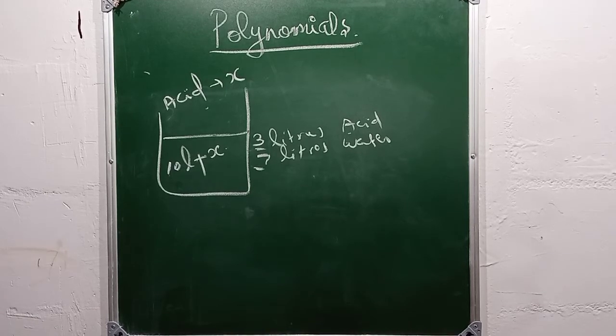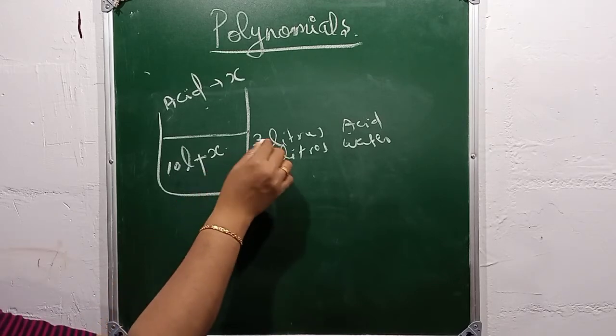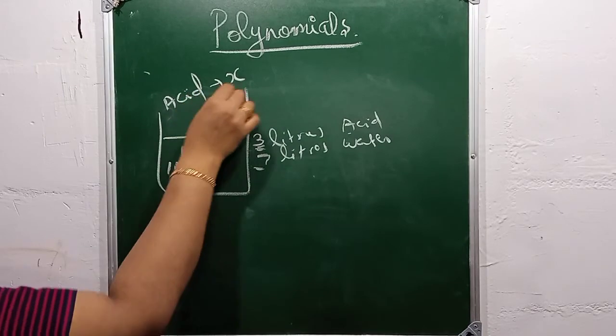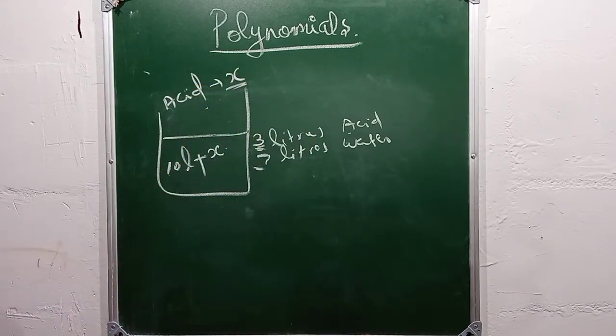Okay, now we are going to find out the percentage of acid in this solution. Already the solution contains 3 liters and now we add x more liters to the vessel.